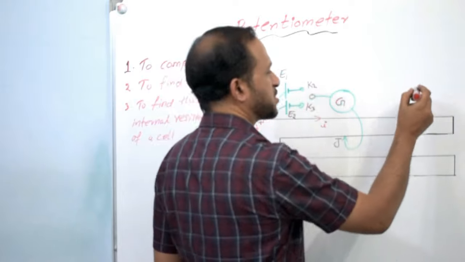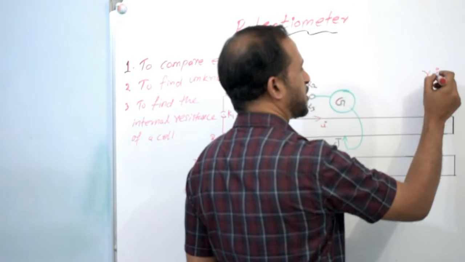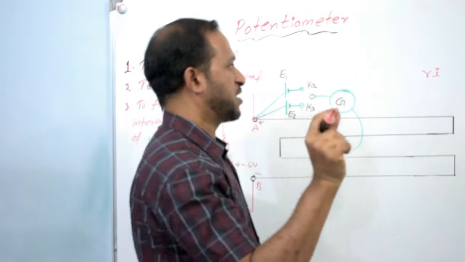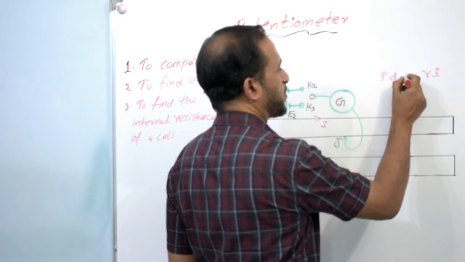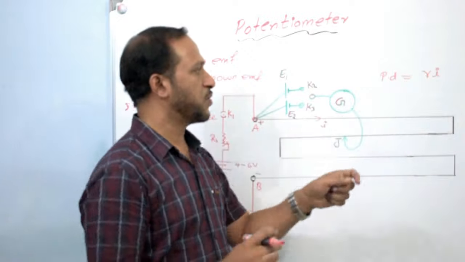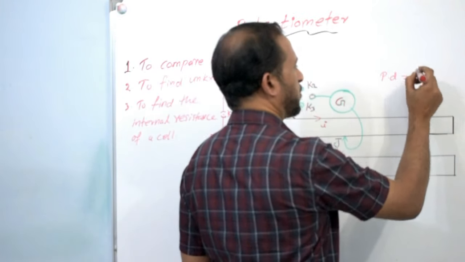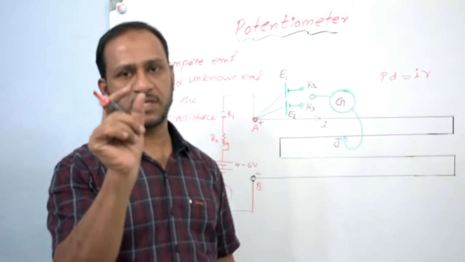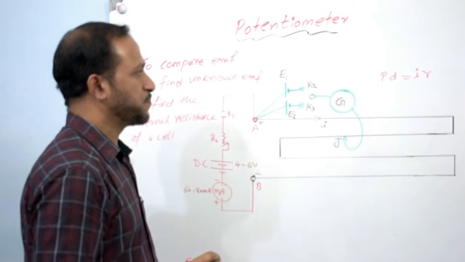If r is the resistance per unit length of the wire, and I is the current flowing through it, then the potential drop across a unit length, say 1 centimeter length of this wire, is equal to I into r. Where I is the current flowing through the wire and r is the resistance per unit length of the wire.